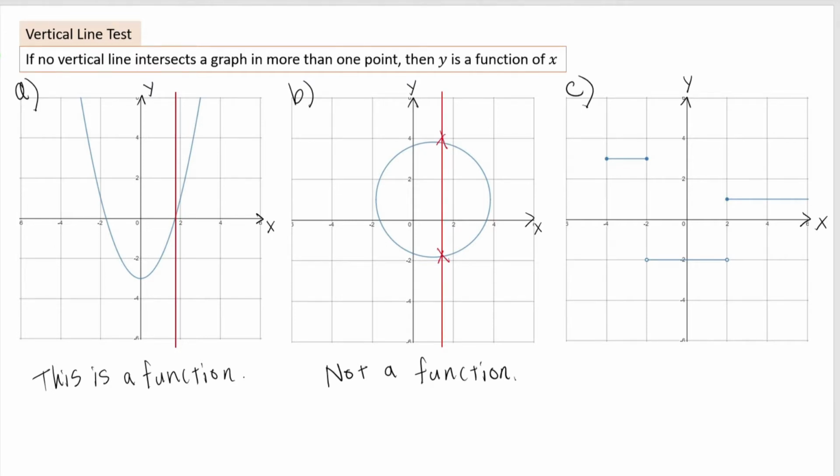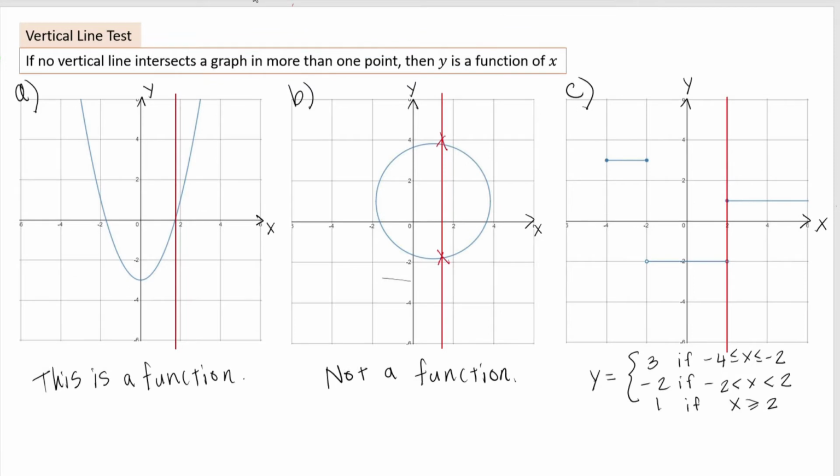If I draw a vertical line at x is equal to 2, the line intersects the graph only once at y is equal to 1. At the point x is equal to 2 and y is equal to negative 2, it is open, so the line does not pass through that point.